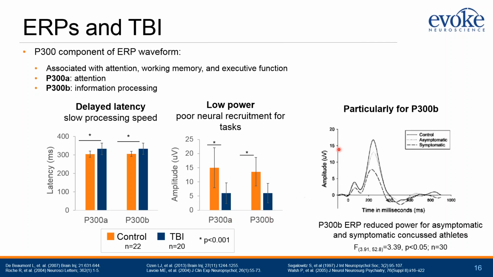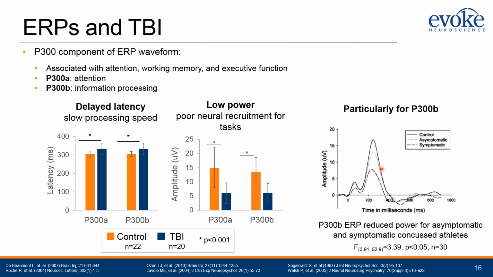Now, in a graphical form, rather than a bar chart or a bar graph, we have time on the x-axis and amplitude or power on the y-axis. And this is just an example for P300B. We see our control group has a really high power, right? So a lot of their neurons are powering up to process that information. That is a very good, healthy ERP waveform.